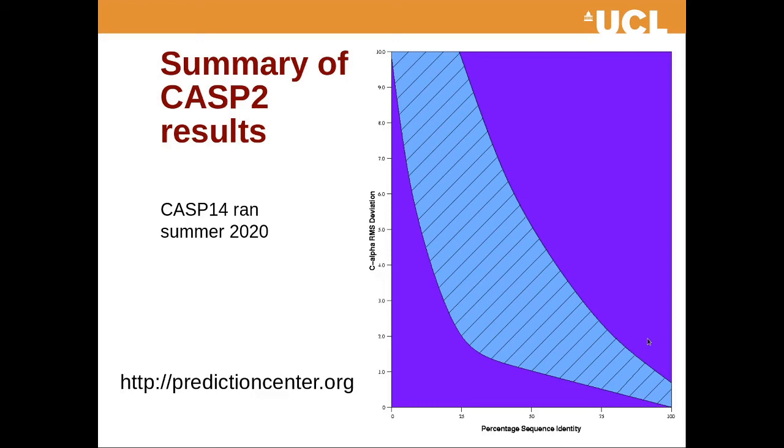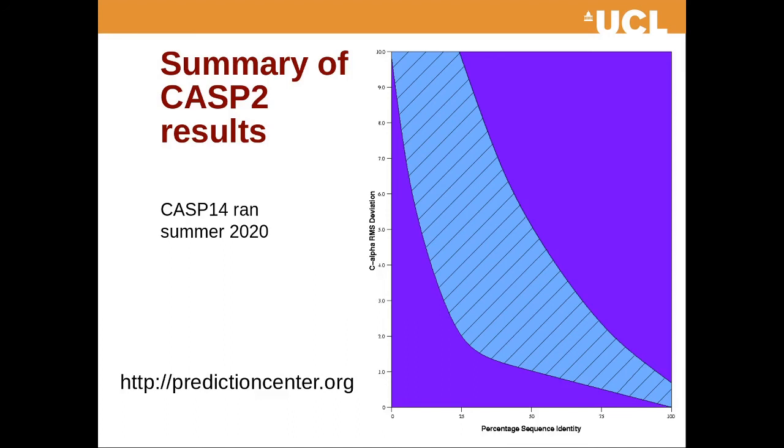This is CASP2. CASP14 has just run and the results haven't all been made available yet, but what was clear was that a new method called AlphaFold 2, which was produced by a company called DeepMind, which is a subsidiary of Google, this software is really outstandingly good.